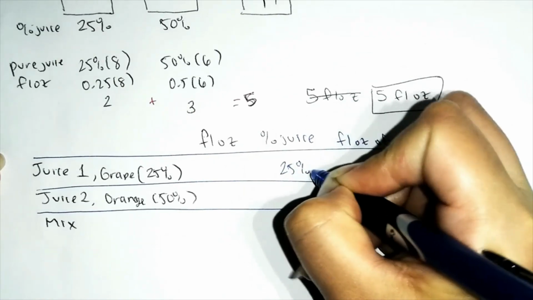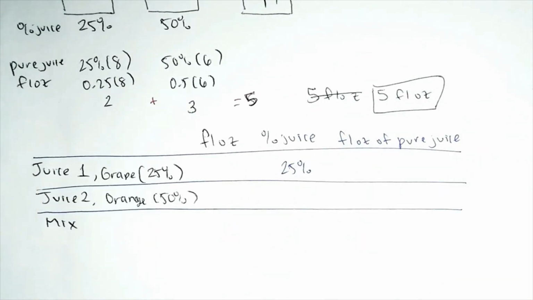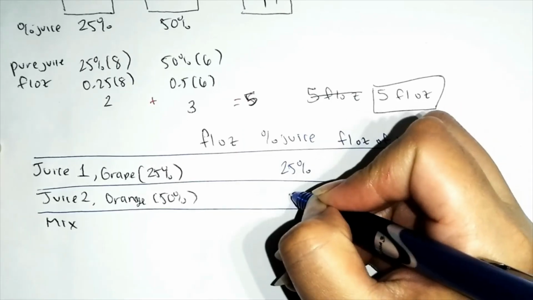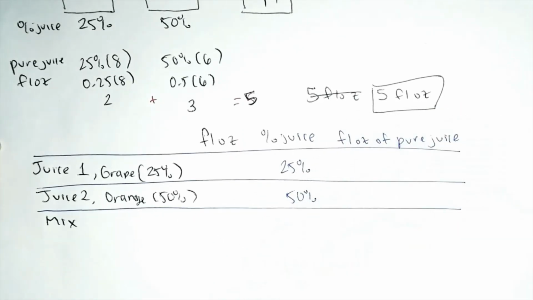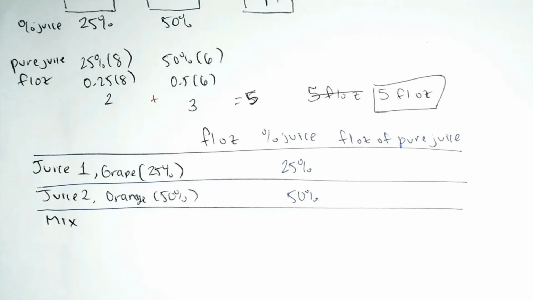You can write it as a decimal, or you can leave it as a percent. The orange juice is 50% juice. We fill in whatever we can, and then we use what we have to complete the rest.